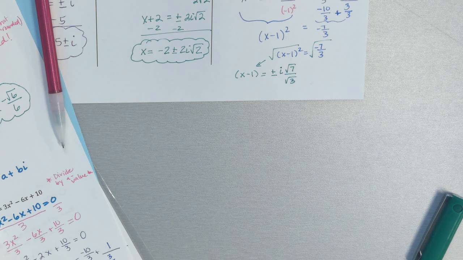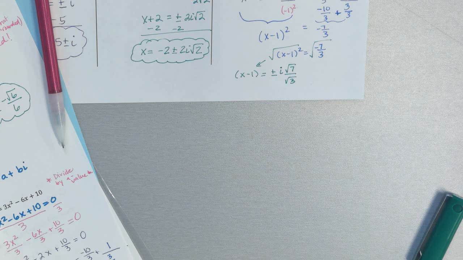Do you guys remember what the purpose is for rationalizing this? What can't we have in a simplified form? We can't have the square root in the denominator, okay? So if it can't be a square root, we want it to be a whole number, right? So we ask ourselves, okay, what can I multiply by root 3 to get a whole number?